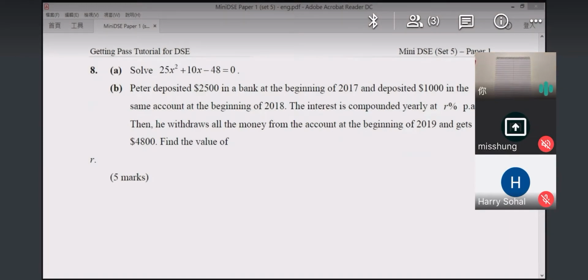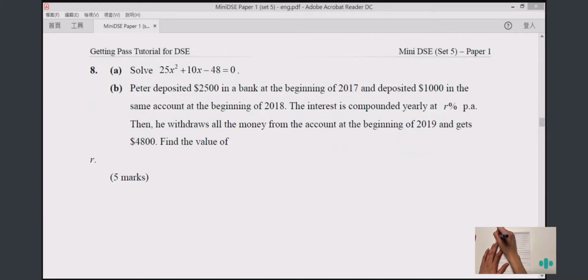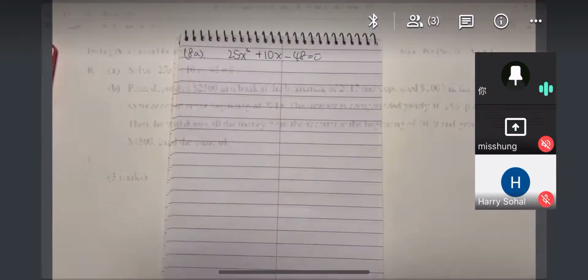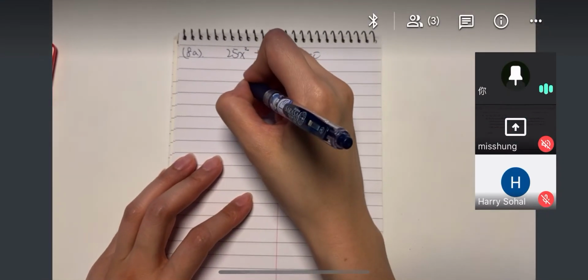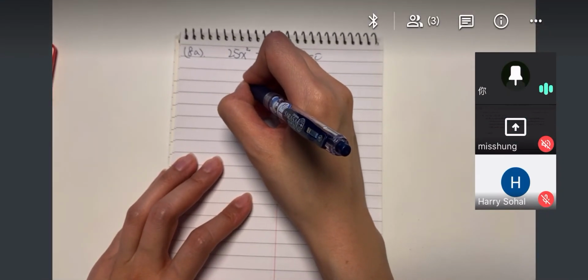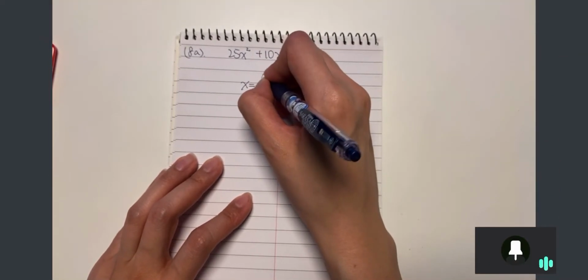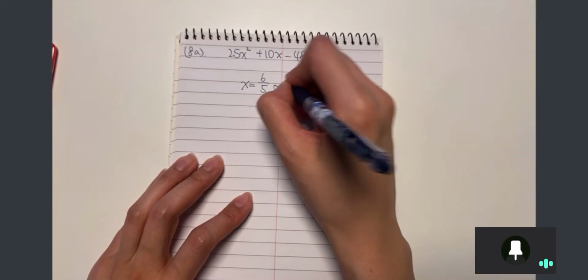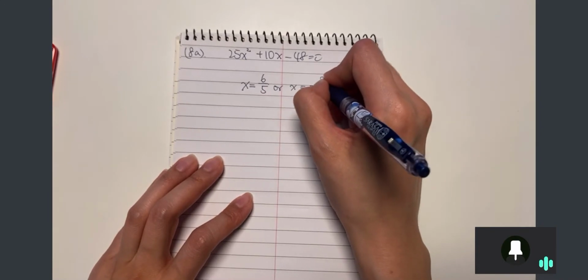Number 8 is a question solving the quadratic equation first. Part A, easily solve it. So I just write down the quadratic equation first, and then you can use your calculator. Don't just give me the answer, okay? If you use the calculator, you can easily get 6/5 as your solution, or negative 8/5.